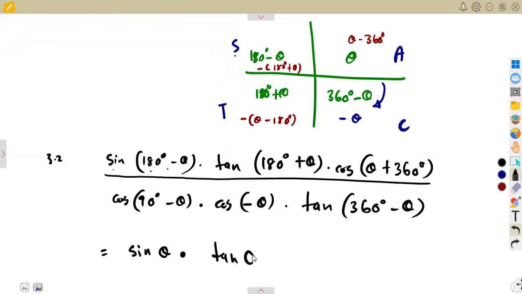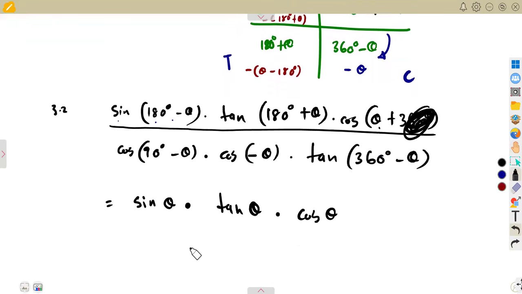So that is tan theta, times cos of theta plus 360. Theta plus 360 means you have completed 360, a complete revolution, so it goes back to the first quadrant where it is positive. So that will be cos theta.